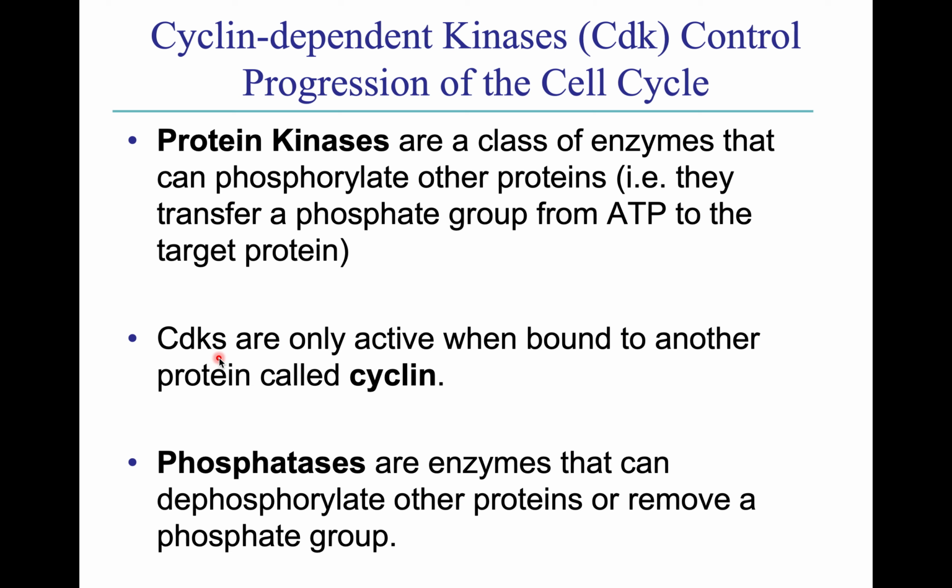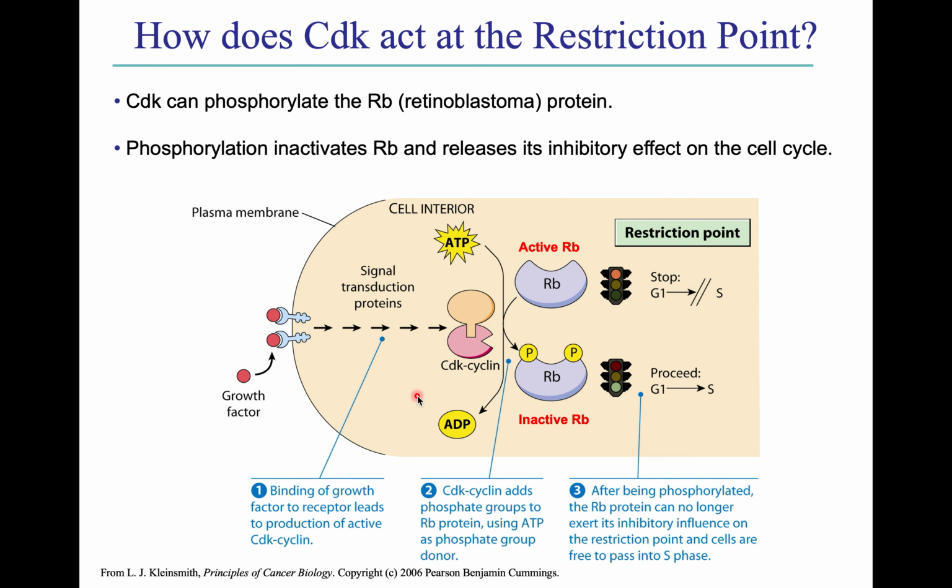So you have CDK plus cyclin together. And also just wanted to point out that on the flip side of this coin, we have enzymes called phosphatases that can remove phosphates, or dephosphorylate. So you have kinases adding phosphates, phosphatases removing them. But we're going to focus here on a kinase, on the cyclin-dependent kinase in particular.